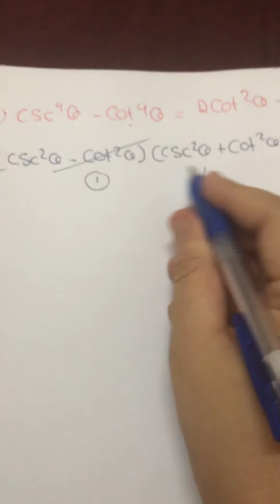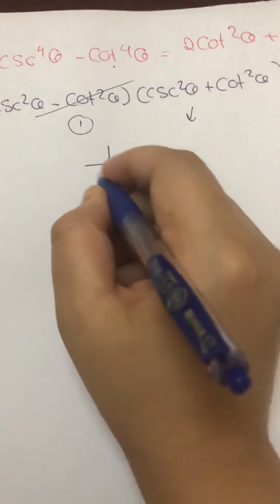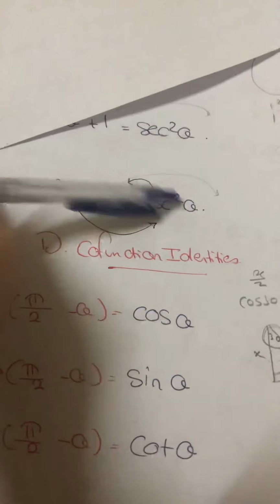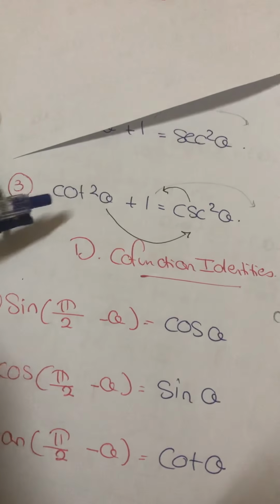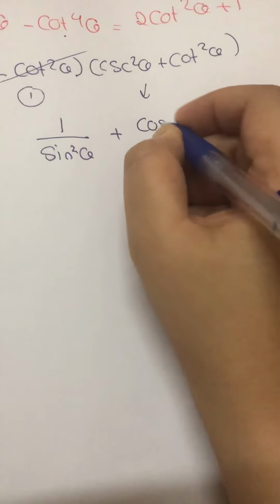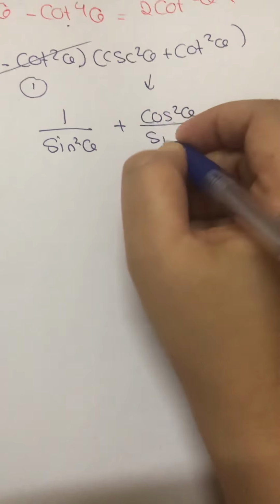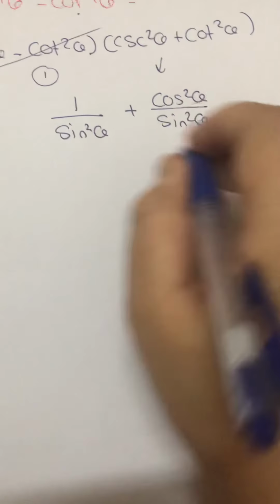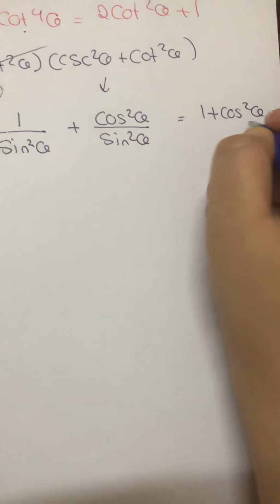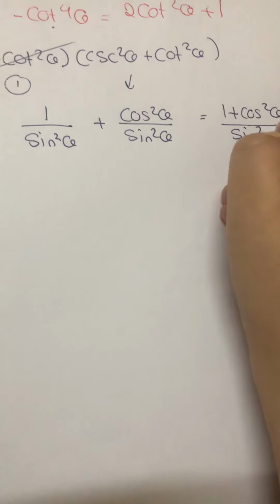Cosec squared theta is 1 over sine squared theta. Okay, how did I say this is equal to 1? It's cosec squared theta minus cotan squared theta is equal to 1. And here I can say 1 over sine squared theta plus cosine squared theta over sine squared theta. I have the same denominators, I can add. This is 1 plus cosine squared theta all over sine squared theta.